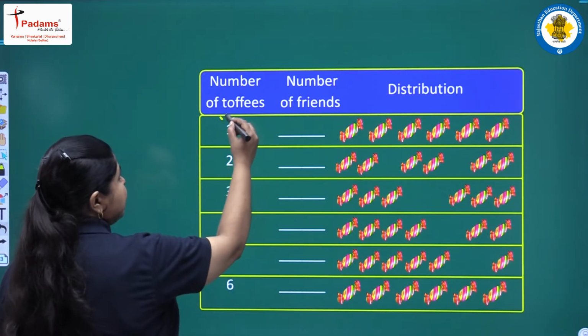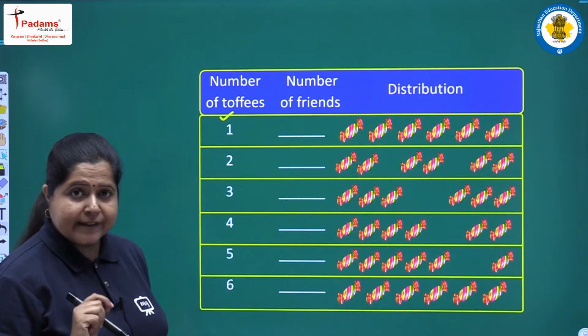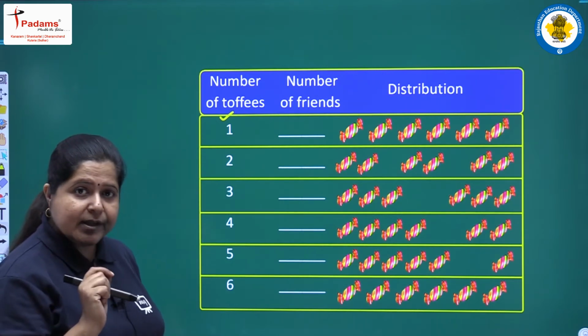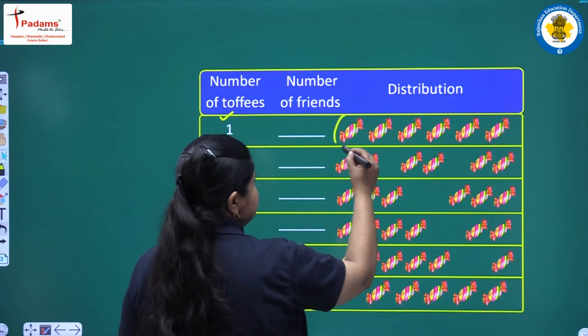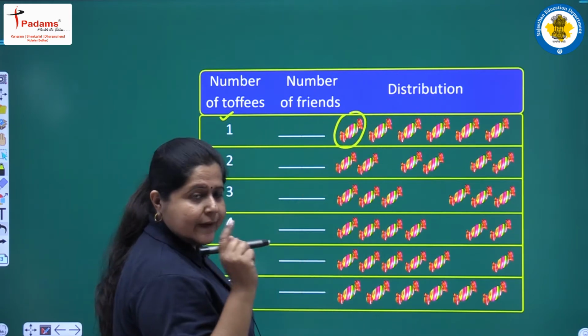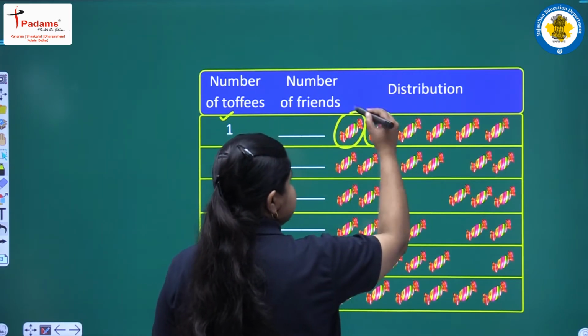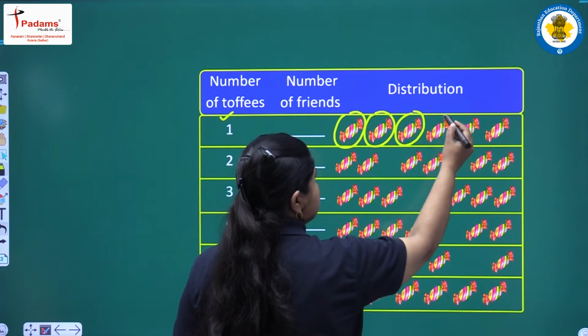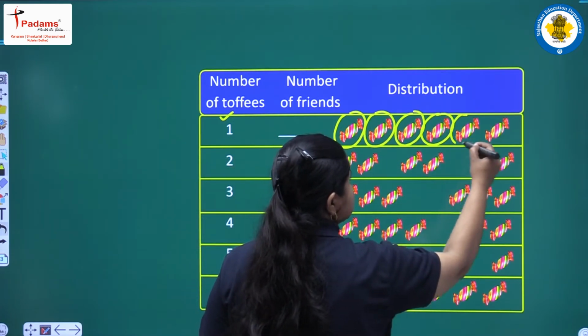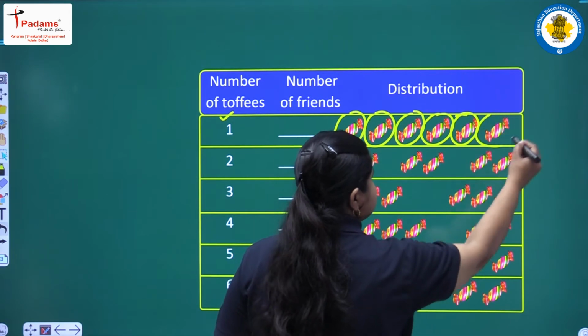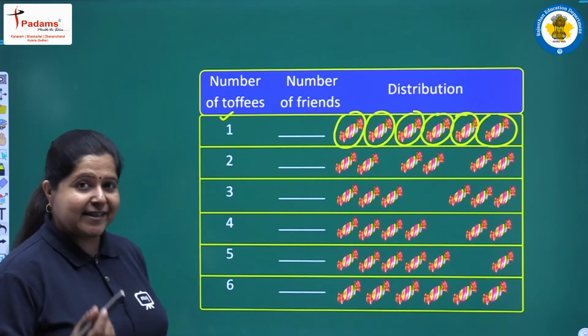Let us pay attention here. If we want to give 1 toffee to each of our friends, then how can we distribute? We can give 1 single toffee to 1 friend, 2nd toffee to the 2nd friend, 3rd toffee to the 3rd one, 4th to the 4th one, 5th toffee to the 5th friend, and 6th toffee to the 6th friend.